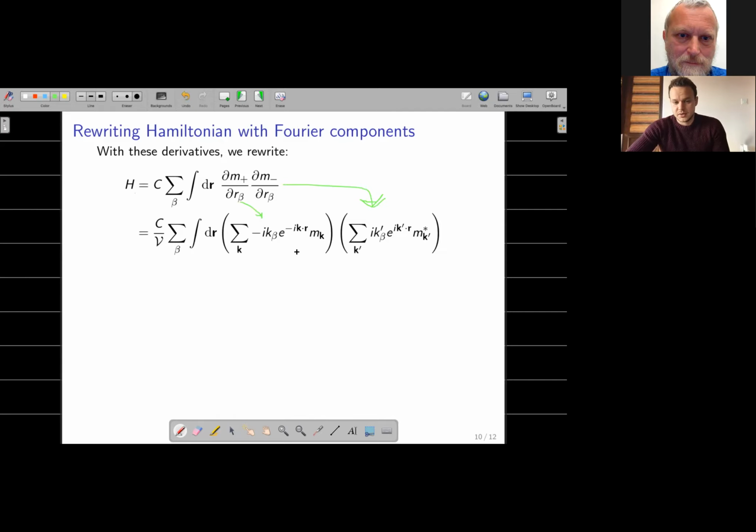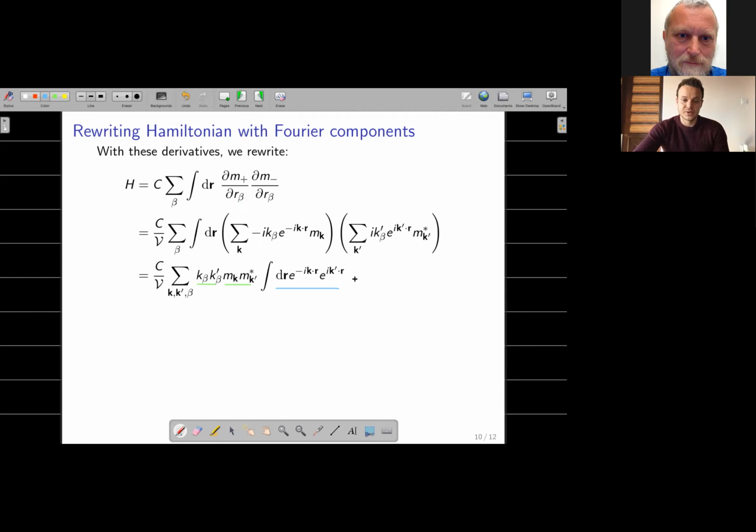Notice that here, k and k prime are different. They're not the same, so you should take a different index. Then we further proceed to some simplifications. We simply put all coefficients in front of the integral, whatever does not depend on r. Those were the spatial frequencies and the components of the Fourier decomposition. And at the end of this expression, we have the following integral.